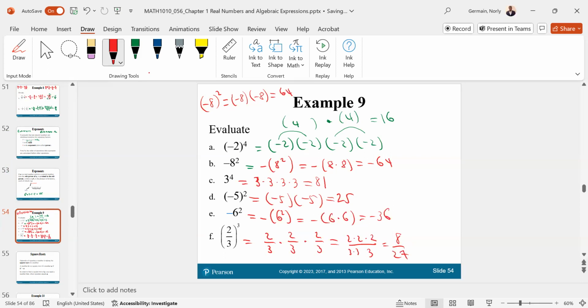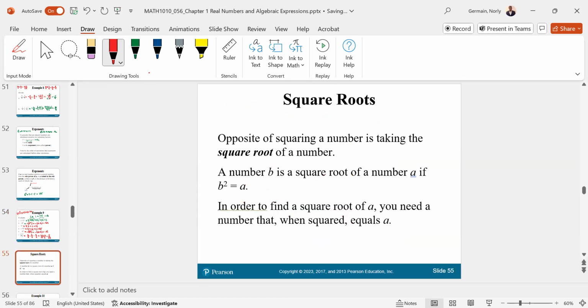We have some other concepts to cover, like finding square roots of numbers, and also going over the order of operations. We said that the opposite of squaring a number is taking the square root of a number.